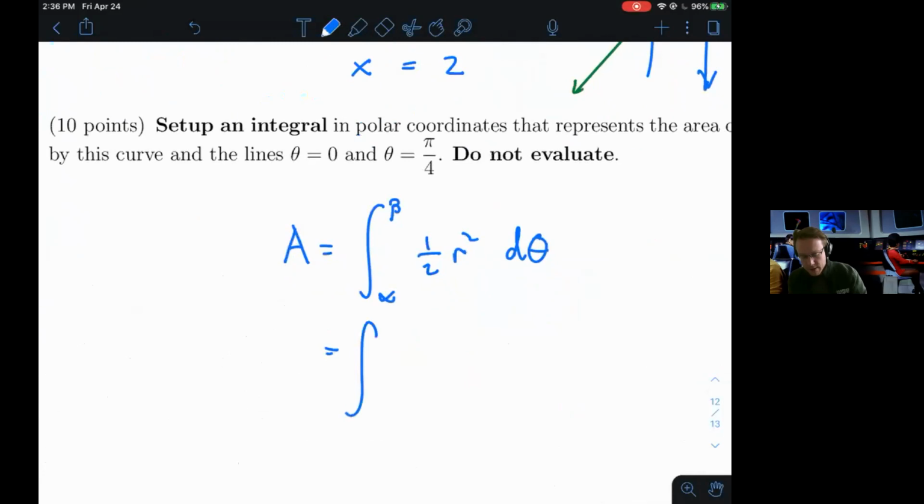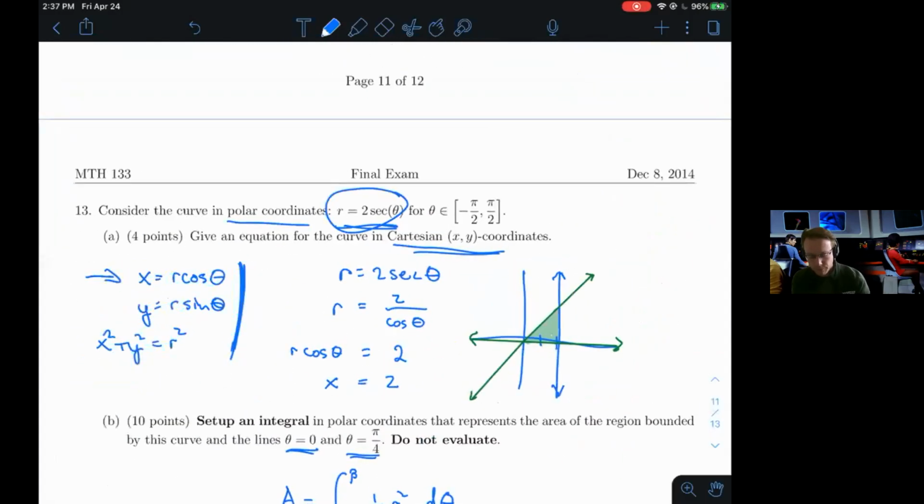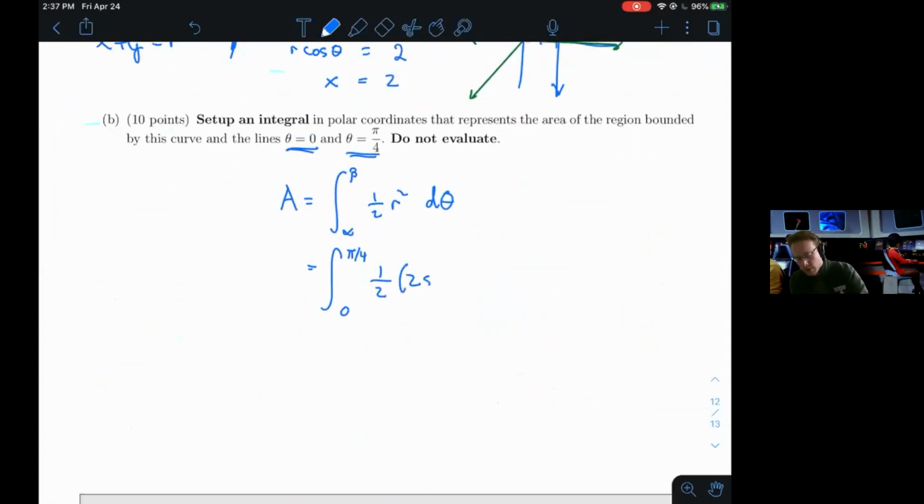So in this case, we need some theta values since we're integrating with respect to theta, and unsurprisingly, it's 0 to pi over 4, right? Those theta values that were given come back. And then we have 1/2, and really we're only given one r equation, and that's just this one here. So that's going to be 2 secant of theta, quantity squared, d theta.